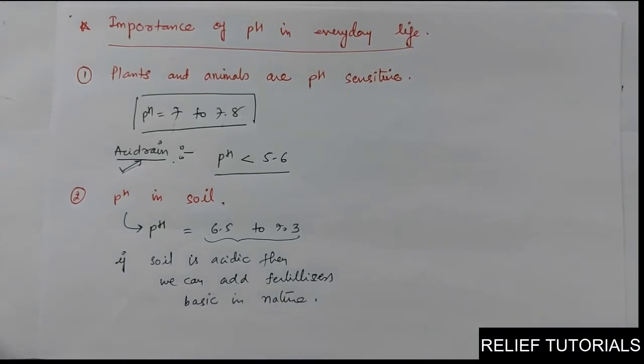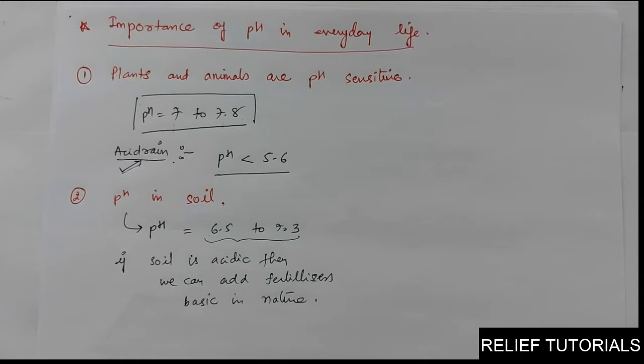And if the pH of our soil is more than 7.3, nearly 8 or 9, that type of soil is basic and is also not comfortable for the growing of plants. So we can decrease the basicity by adding acidic fertilizer.